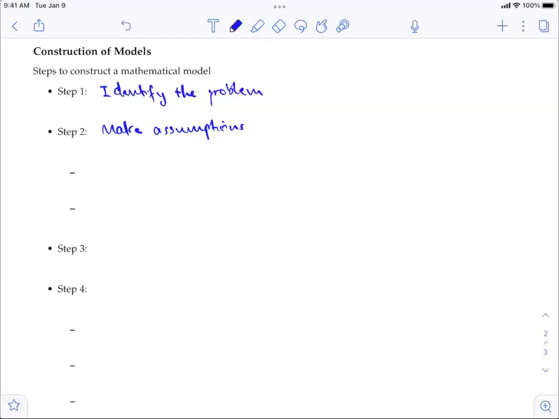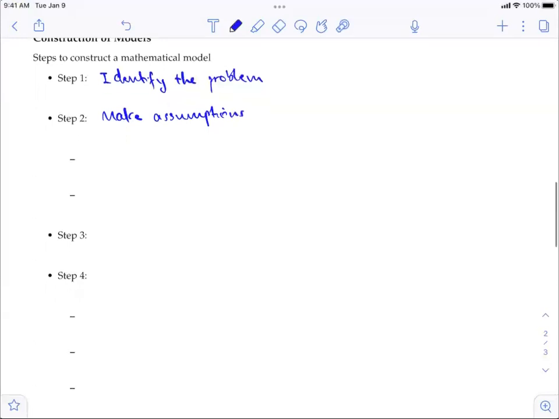You have to simplify by reducing the number of factors under consideration. To do that, you need to identify and classify the variables.